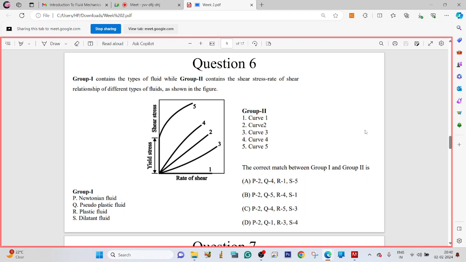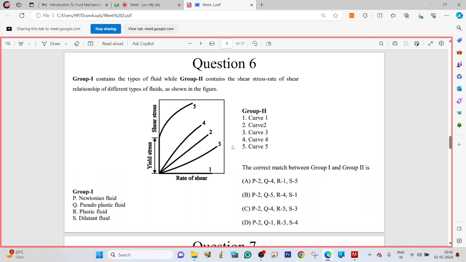So tell me which one of the matches are correct. Anyone? Can you tell me which one is the Newtonian fluid? This is very easy, right? Which one?